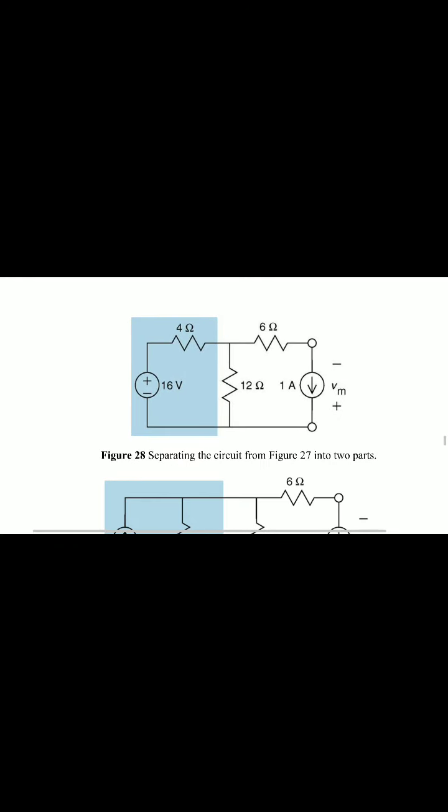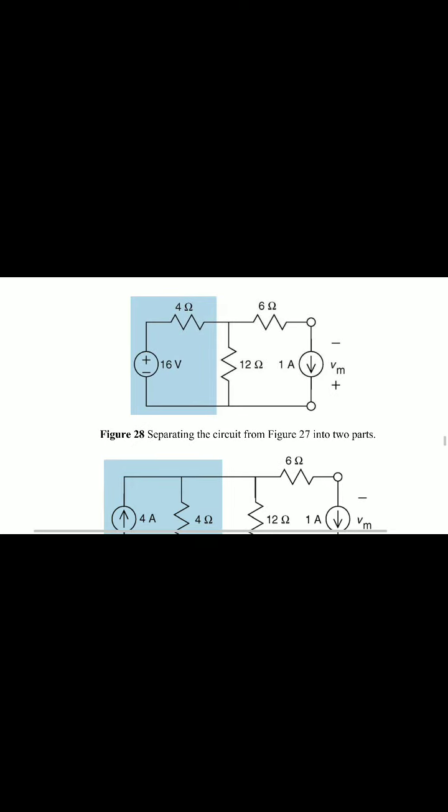These are in series. So here the remaining circuit is as it is, that is 12 ohms, 6 ohms, 1 amp, and the meter indicates.